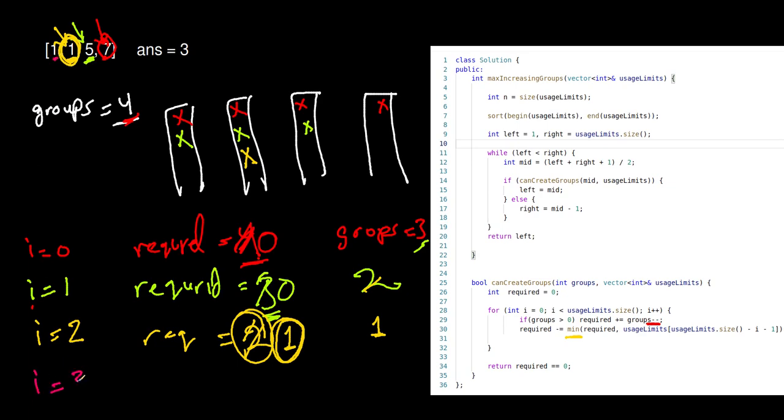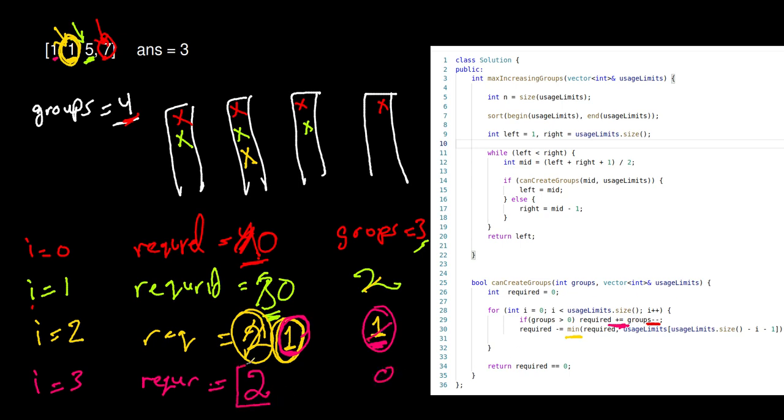I equal 3. Now required elements equal, here we have plus equal 1, the number of groups is 1, so for this iteration we need 1, and from the previous iteration we need also 1, so required plus equal groups equal 2, groups minus minus is 0.